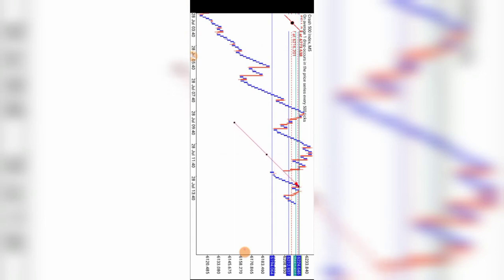This is another engineered liquidity. Now, if they are taking out this equal high, that means they are coming to test this order block here, right?